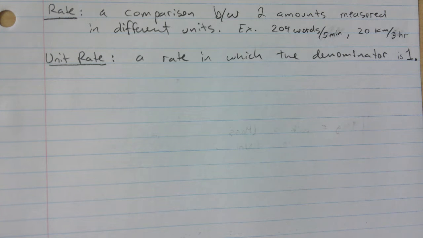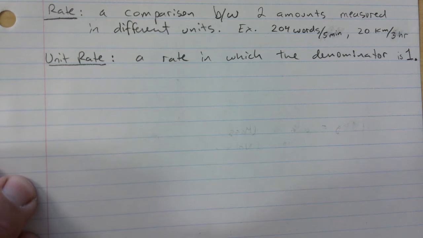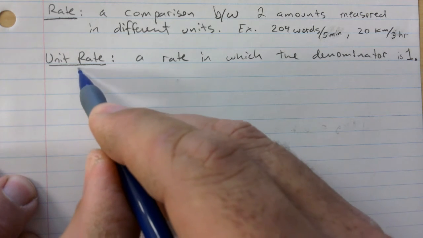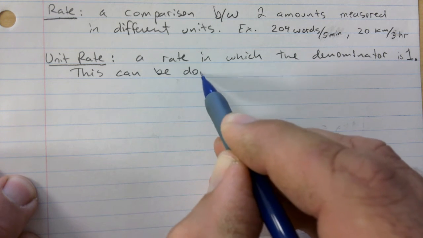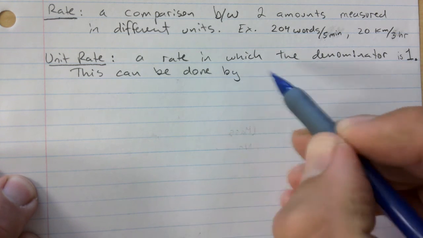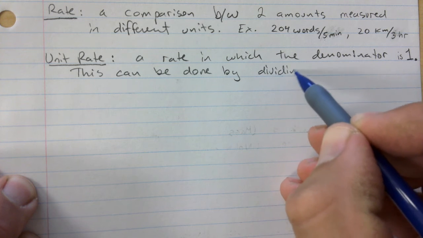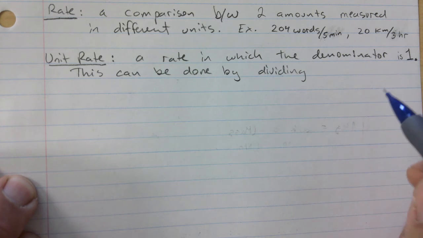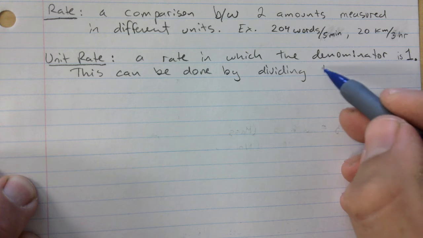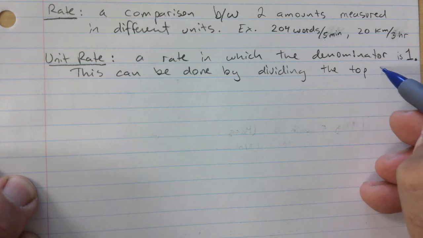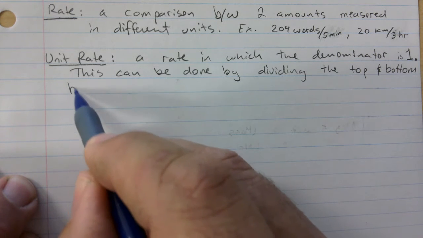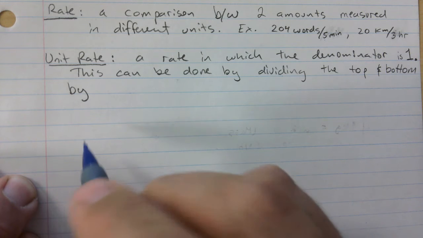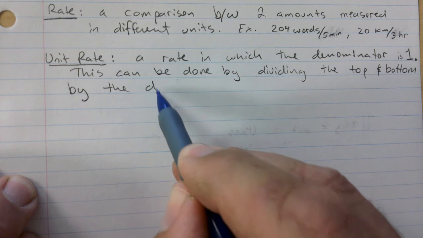I'll write a little bigger as well. This can be done by dividing the top and bottom by the denominator.